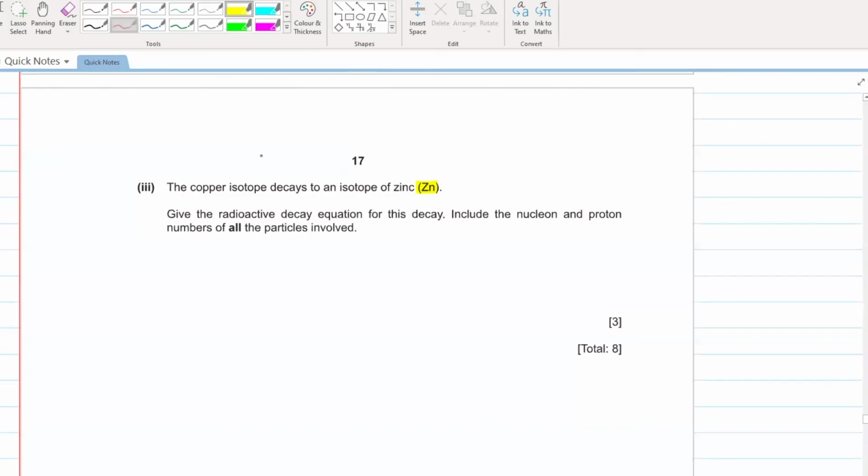So what will happen? 66/29 copper will become 66/30 zinc plus beta negative plus antineutrino.